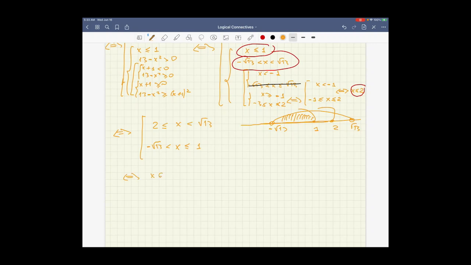So that means x is in negative root 13 and 1, including 1, or x is in 2 to root 13.